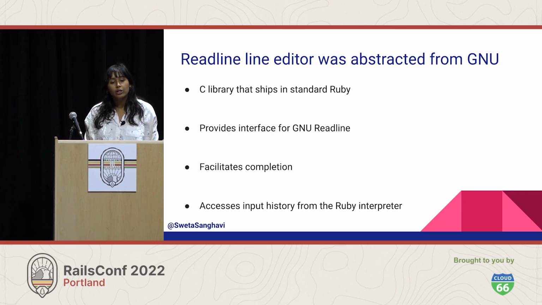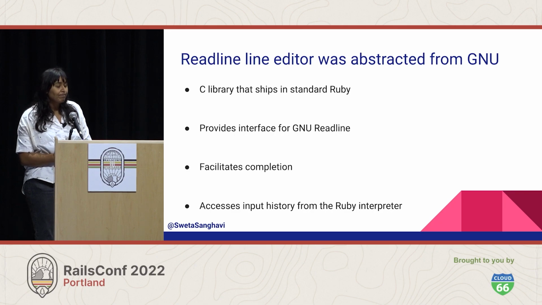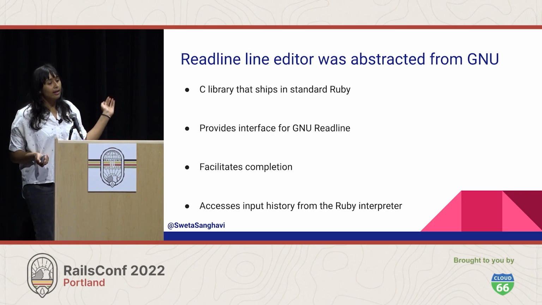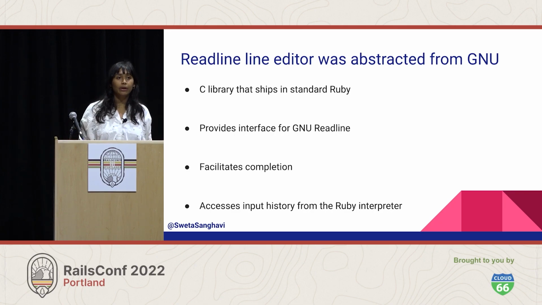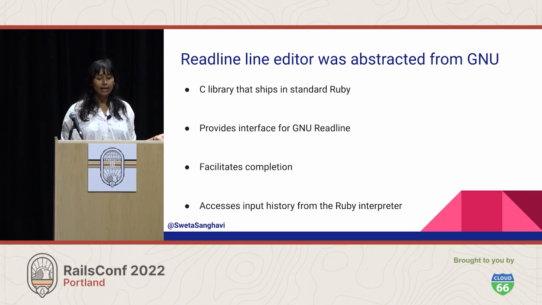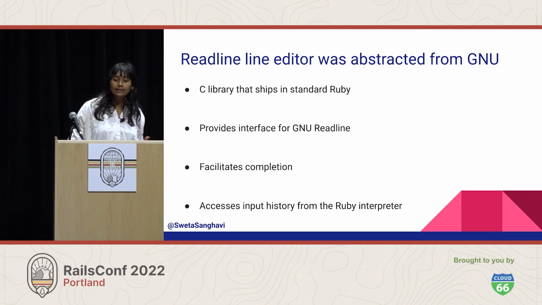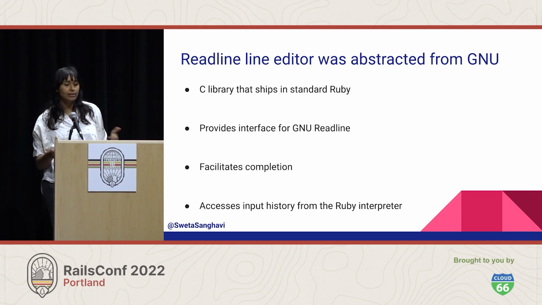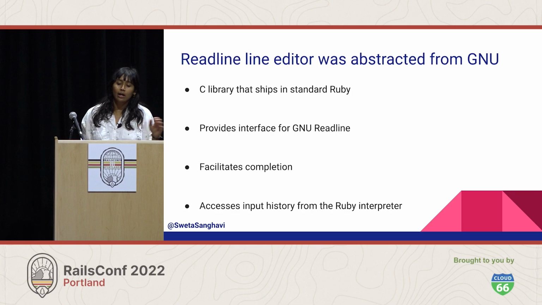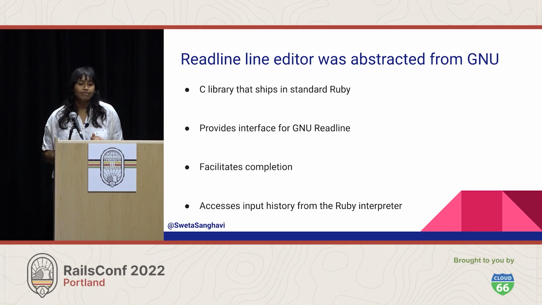And it's a C library that ships in standard Ruby. And that's what also gives us that same completion and access to input history that the GNU Readline gives us. It also includes some additional functions that maintain a previously entered list of commands and allow you to recall and re-edit those commands.